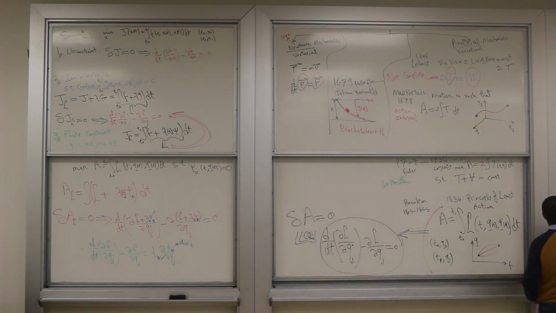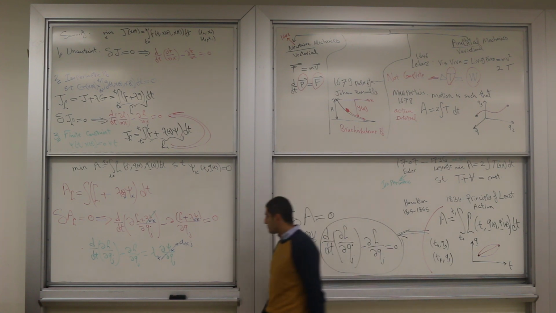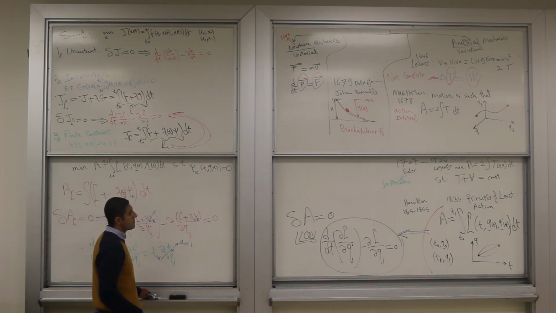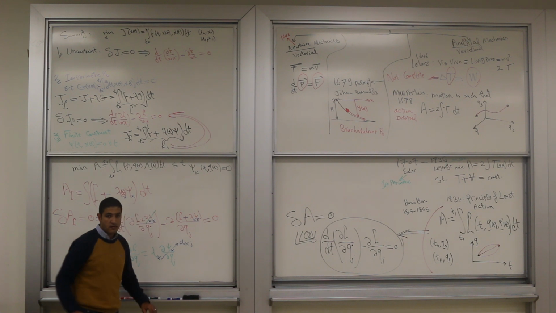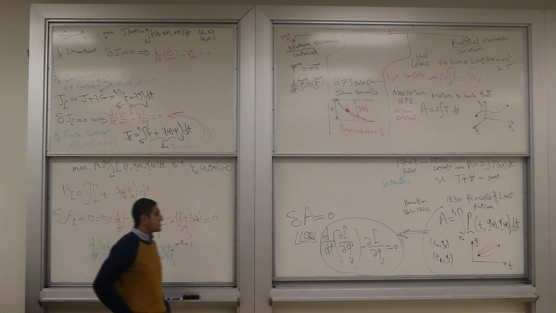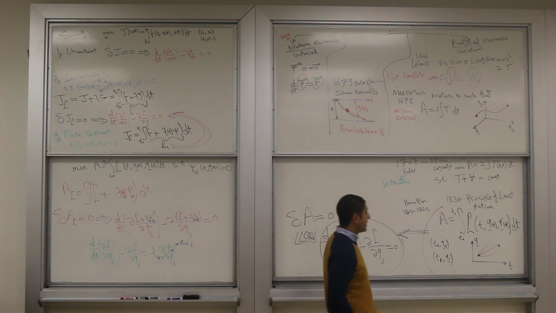Okay, here is your quiz. It's a very easy one. Minimize the integral of x dot squared over t cubed from 0 to 2, where x0 is 0 and x2 is 16.